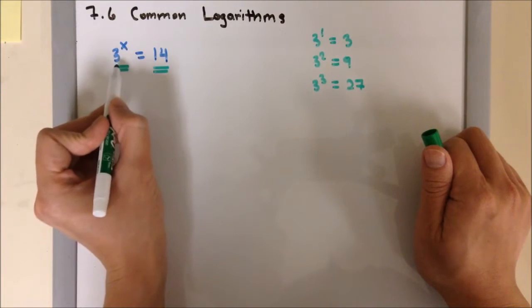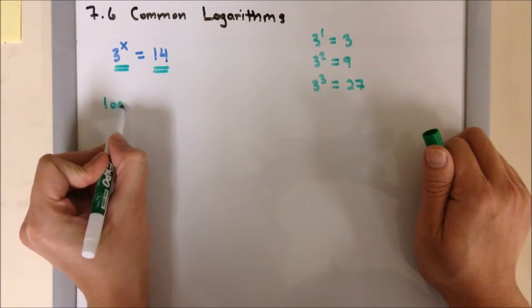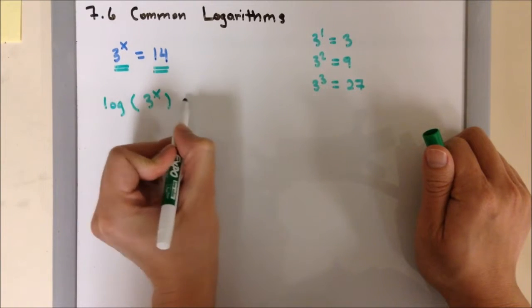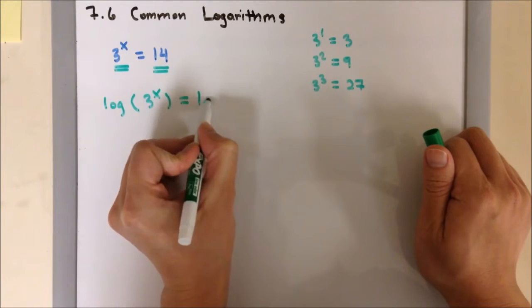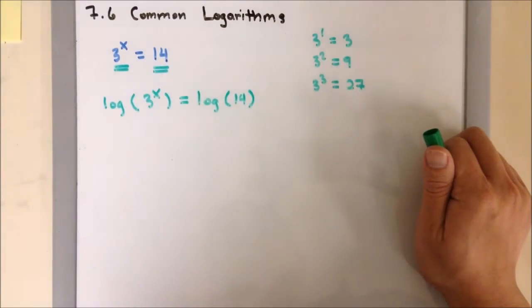So I'm going to write log(3^x) = log(14).